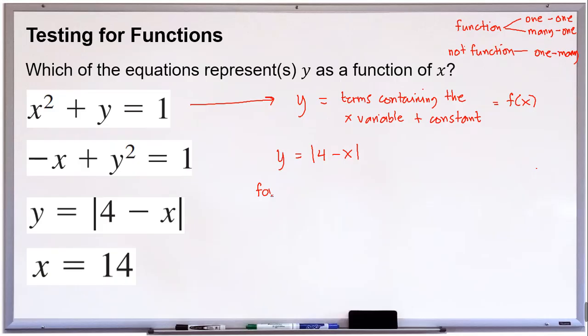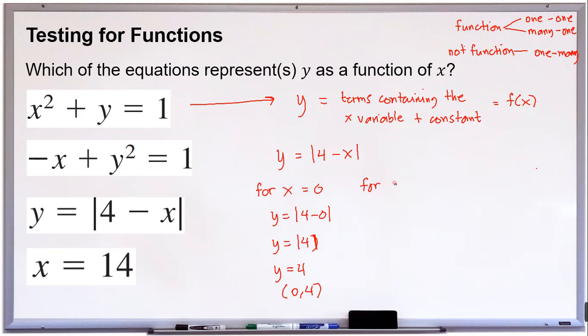Let's say for x is equal to 0, you have y is equal to the absolute value of 4 minus 0. So that is the absolute value of 4. So y is equal to 4. So we have an ordered pair of (0, 4).